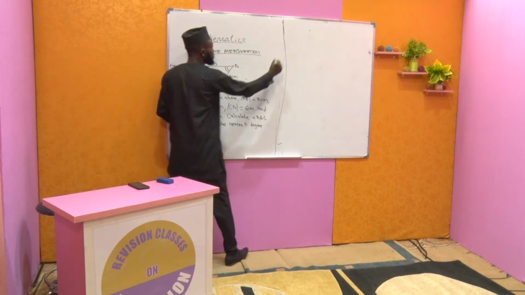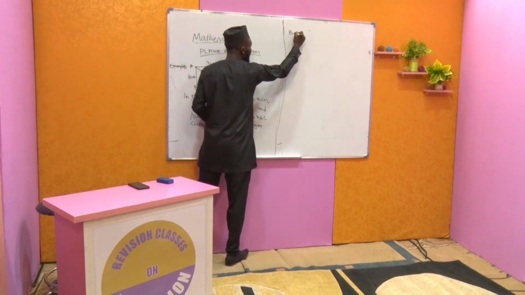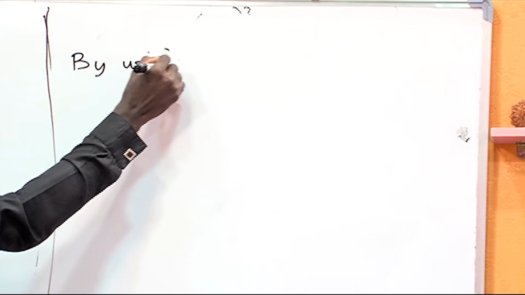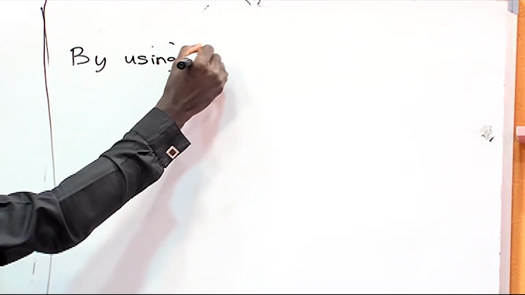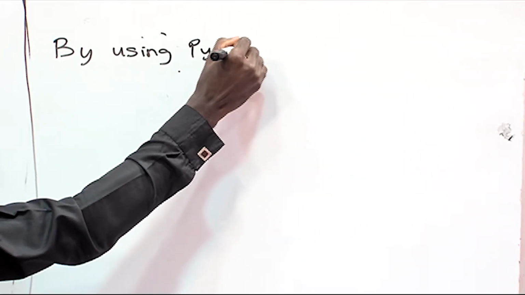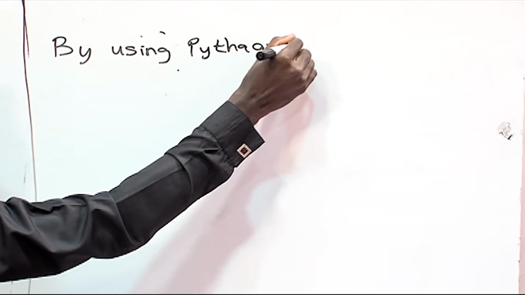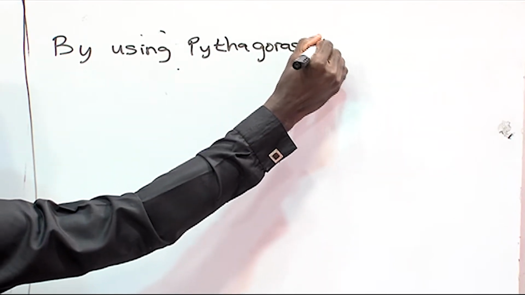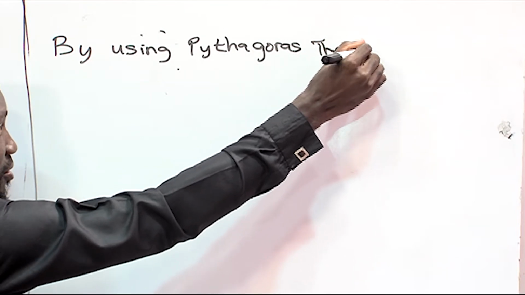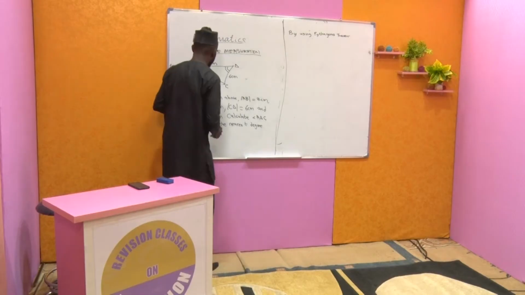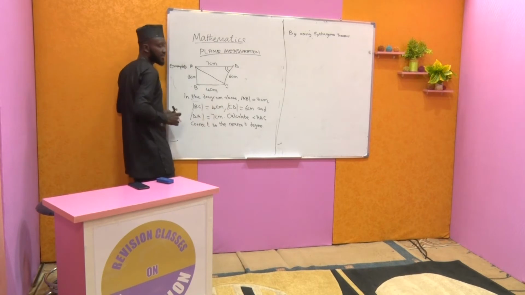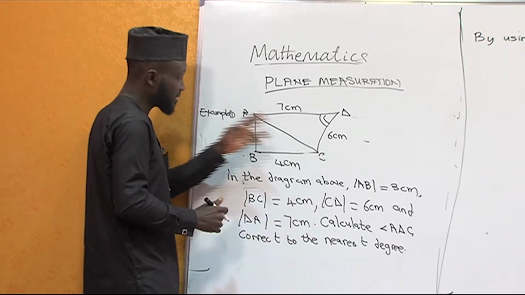So in this case, we are going to do what? By using Pythagoras theorem, now AC, why we are using AC is because this is the longest line, which is the hypotenuse.